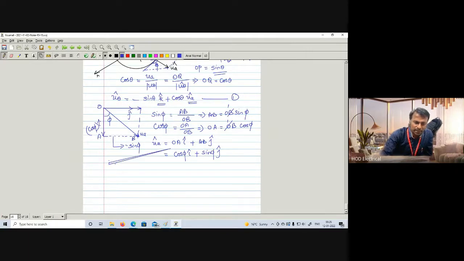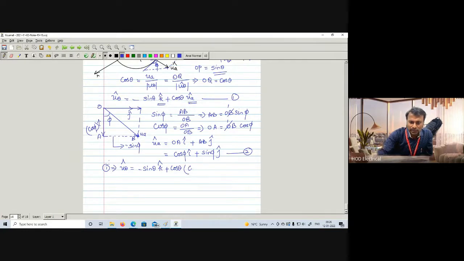Therefore you can write UA gap equal to, so you can substitute this value in equation 1. Therefore 1 becomes U theta gap equal to minus sine theta into k gap plus cos theta into UA gap.